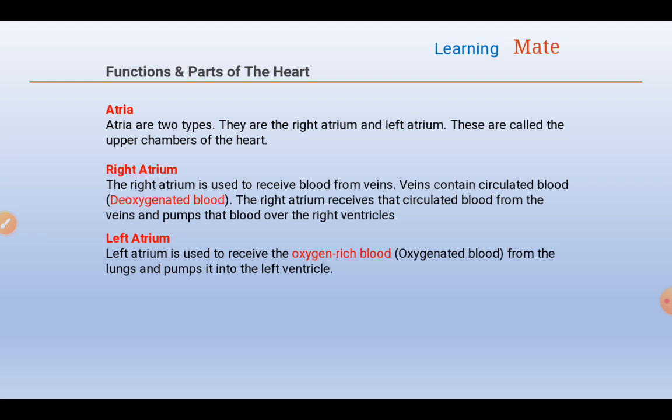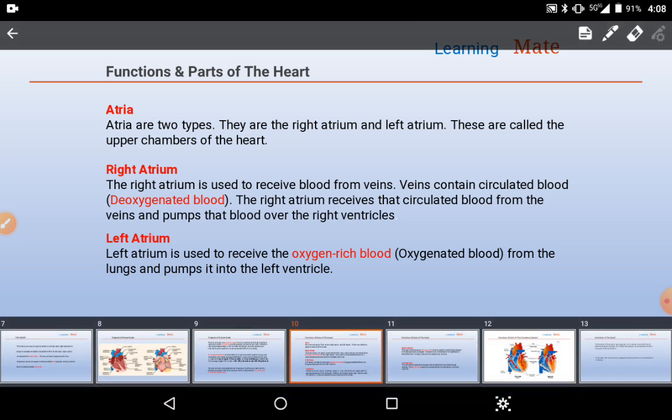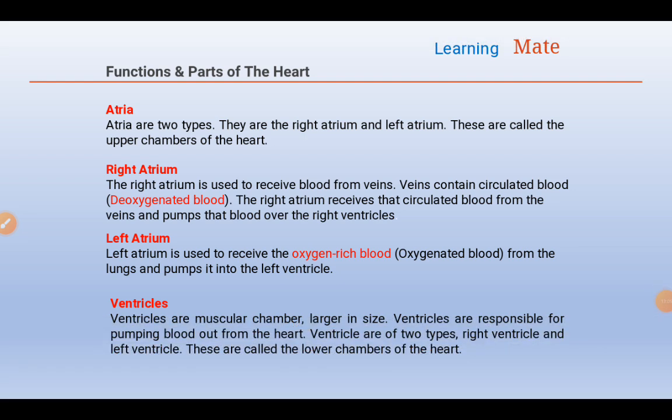The left atrium is used to receive the oxygen-rich blood. So the left atrium receives the oxygenated blood from the lungs and pumps it into the left ventricle.